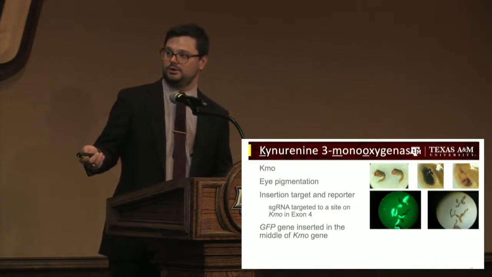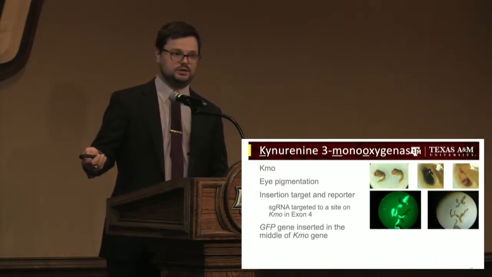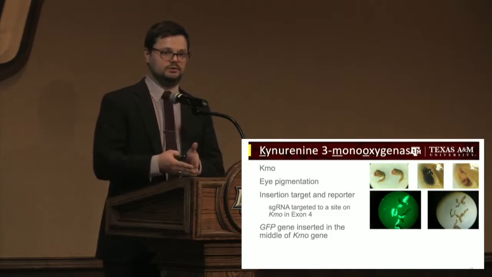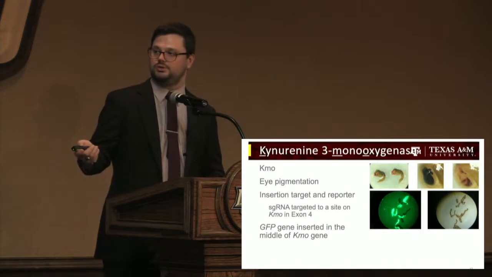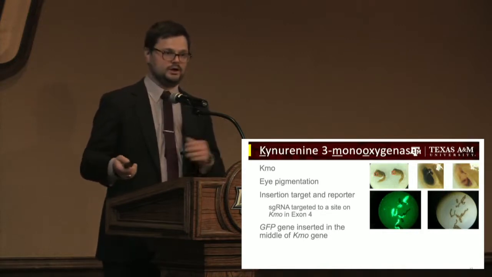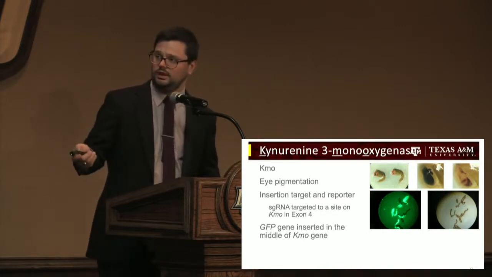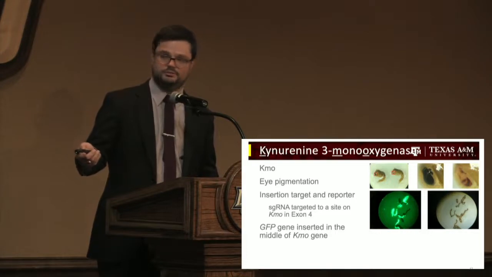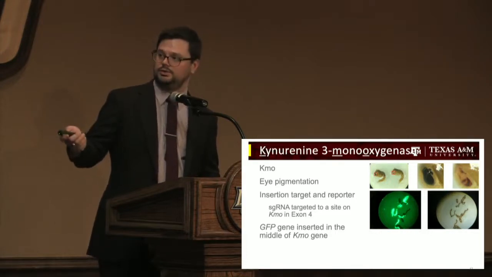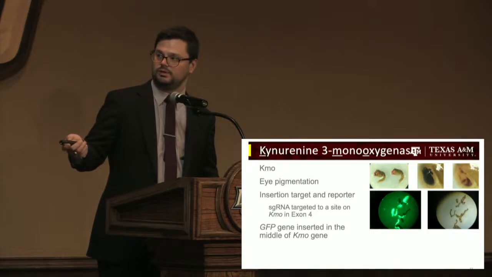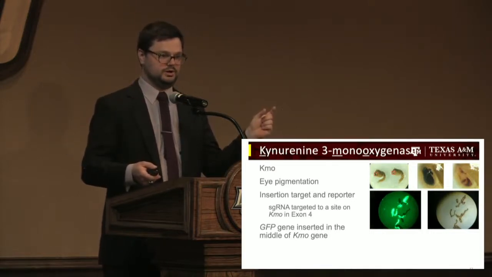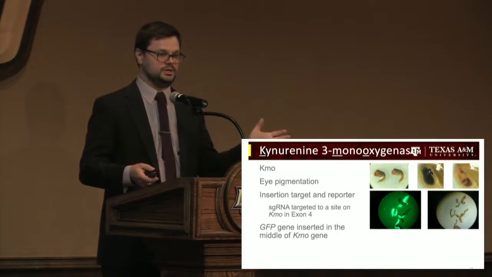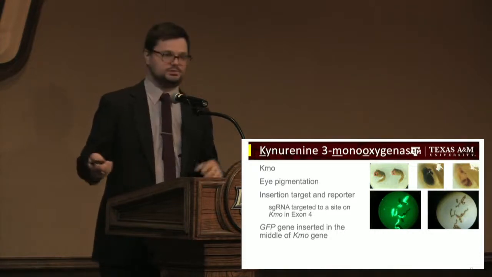But we can also insert a gene right in the middle of that KMO gene. Since it's inserted in the middle of the KMO gene, when we insert GFP, it knocks out KMO. When they're homozygous for this GFP modification, they produce GFP throughout their body. That's based on the promoter we use. We use a promoter that expresses it ubiquitously in any cell type, so it's expressed in all tissues.